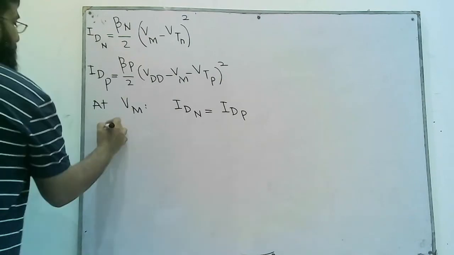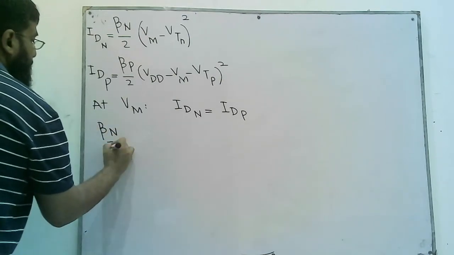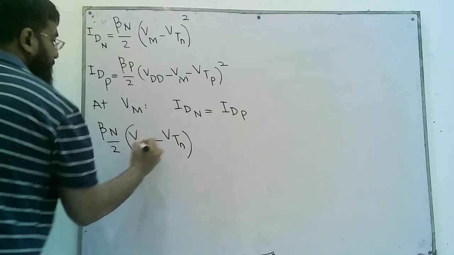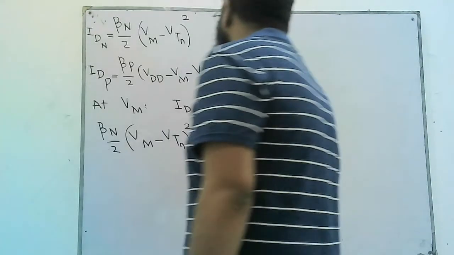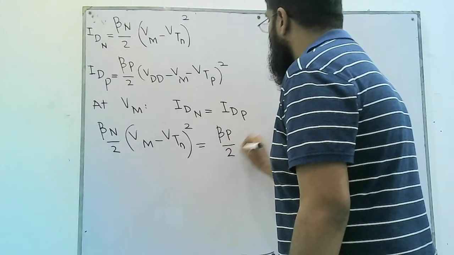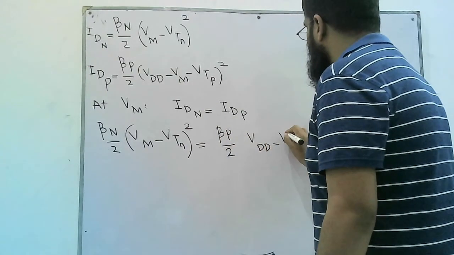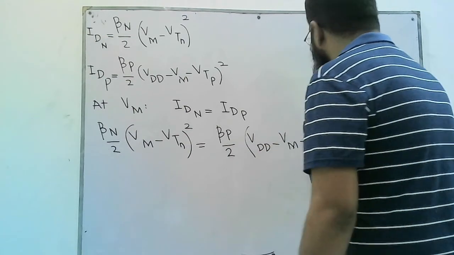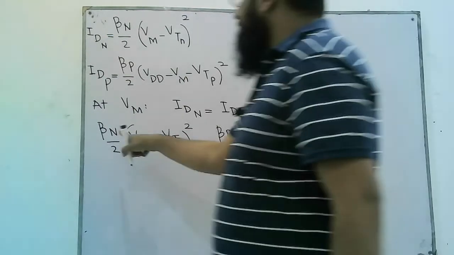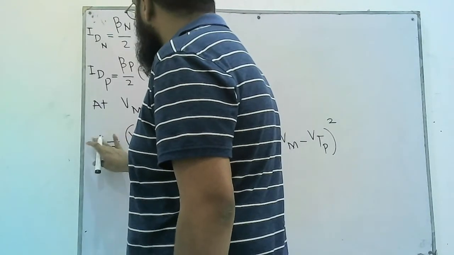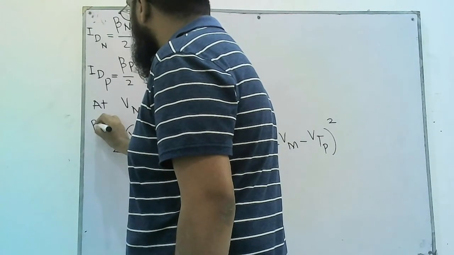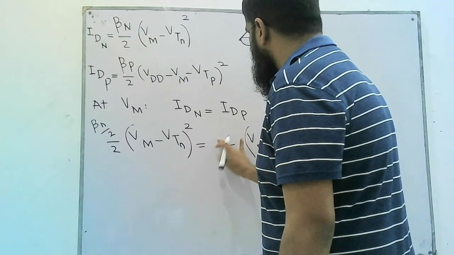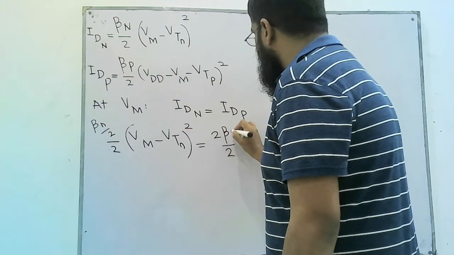So beta n divided by 2 times (Vm minus VTN) squared is equal to beta p divided by 2 times (VDD minus Vm minus VTP) squared. Here this beta n is beta n by 2, and this beta p is 2 times beta p.